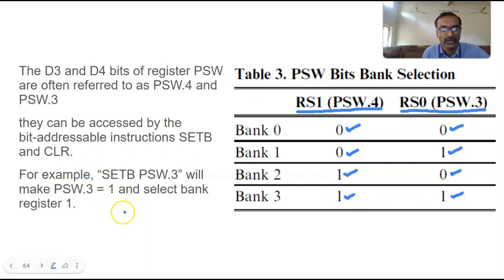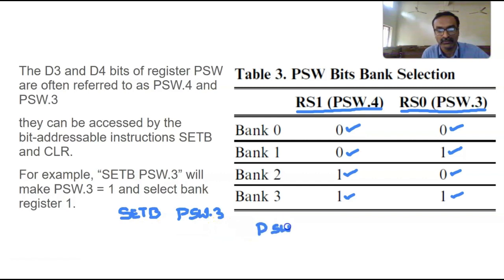You can set the values by the command SETB. We've already seen this command. SETB PSW.3. That means PSW.3, which is RS0, so RS0 is equal to 1. What about PSW.4?